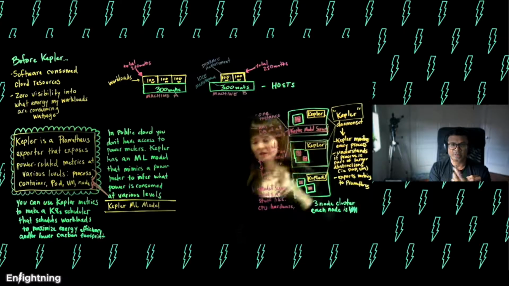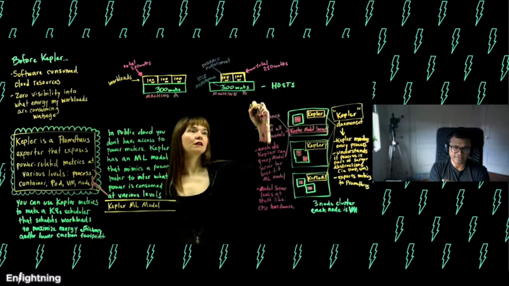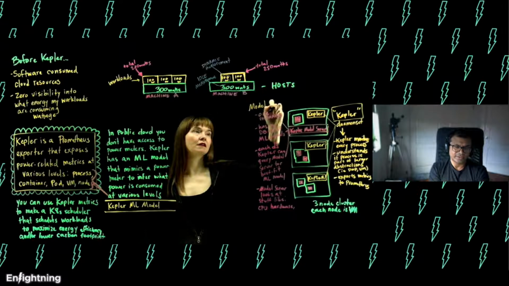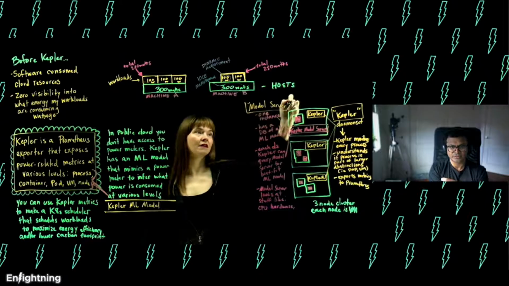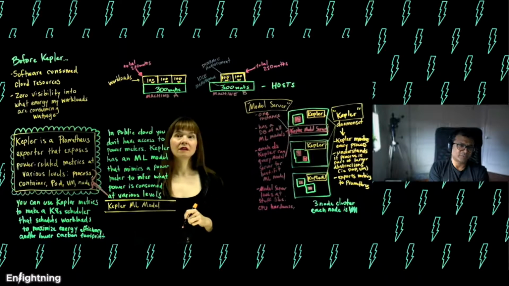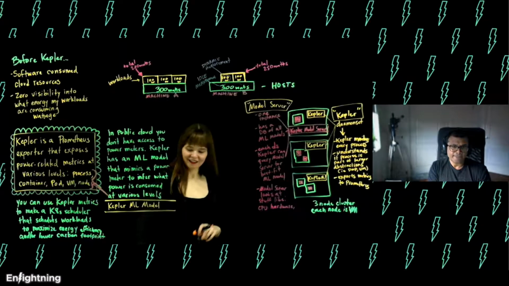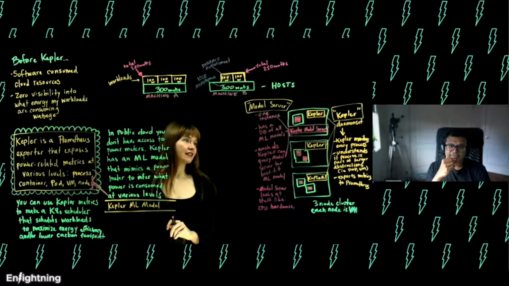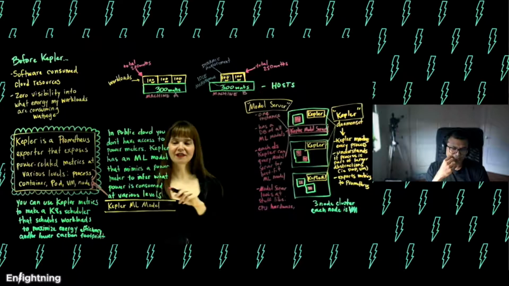The model server responds with the right model for that machine, and Kepler then uses that model to estimate or predict what the underlying power meter would have given it. So this uses the model to predict, based on the ML.